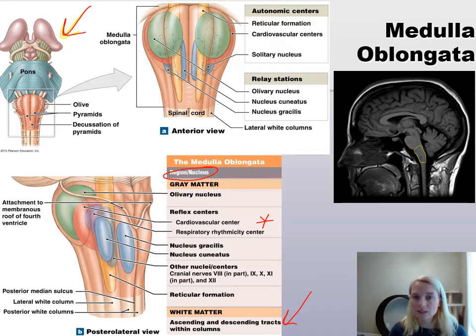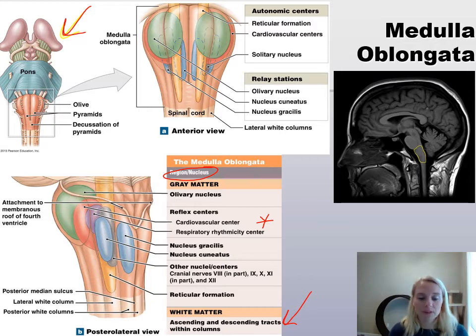Then the respiratory rhythmicity center. While I do know that the diaphragm and your intercostal muscles are skeletal, they do have some control in the visceral realm, even though you can override that for a bit. Once you hold your breath long enough, you will pass out, and then your autonomic system will kick in and start controlling your diaphragm and intercostals for you. So this is our visceral reflexes center.